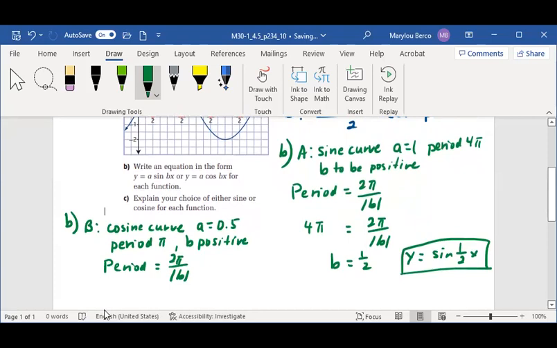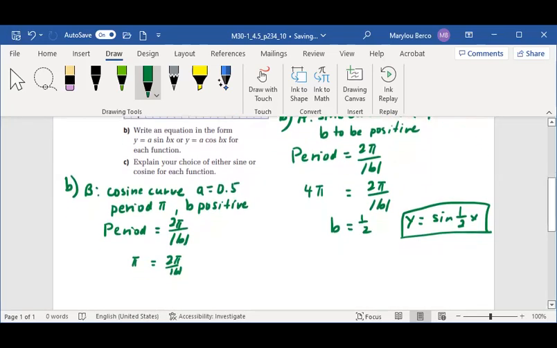Substituting that in, we get pi equals 2 pi over b. b is equal to 2.